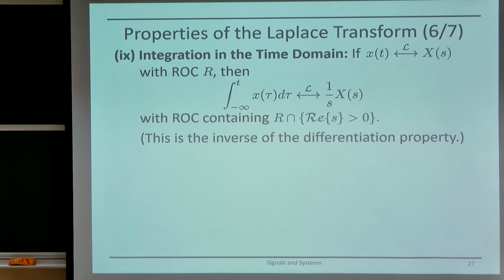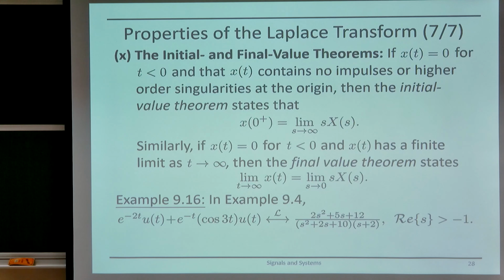So let me skip over the next slide here. The next slide is talking about the initial and final value theorems. This could be useful in checking the correctness of certain Laplace transform formulas, but I think it's not that essential for us to cover right here. Okay. So let me just skip this for now. All right.